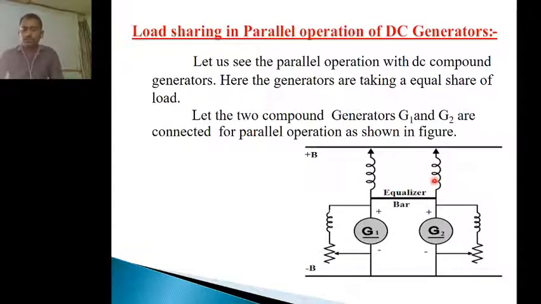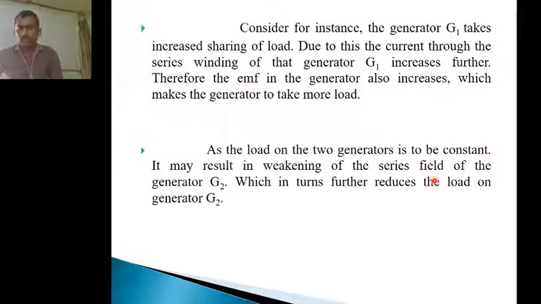For this operation, consider one instance: the generator G1 takes an increasing share of the load. Then the field current in the series winding will increase. As a result, the generated EMF in generator G1 also increases.